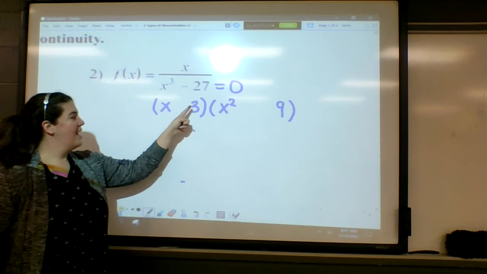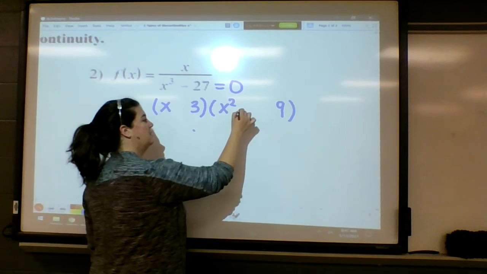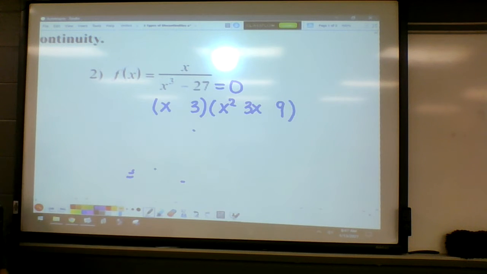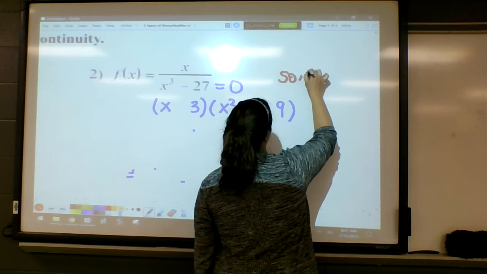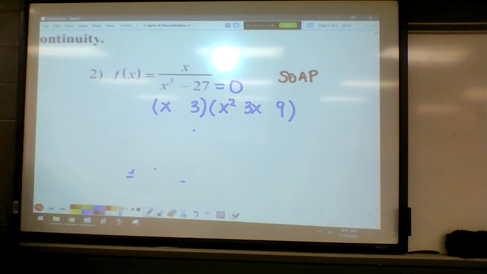9. And then in the middle, you're going to multiply these two together. So x times 3 is 3x. And then what do I remember for the signs there? Handy dandy phrase. So on your test, if you got this question wrong, it wasn't because you had the wrong numbers in there or the wrong variables.